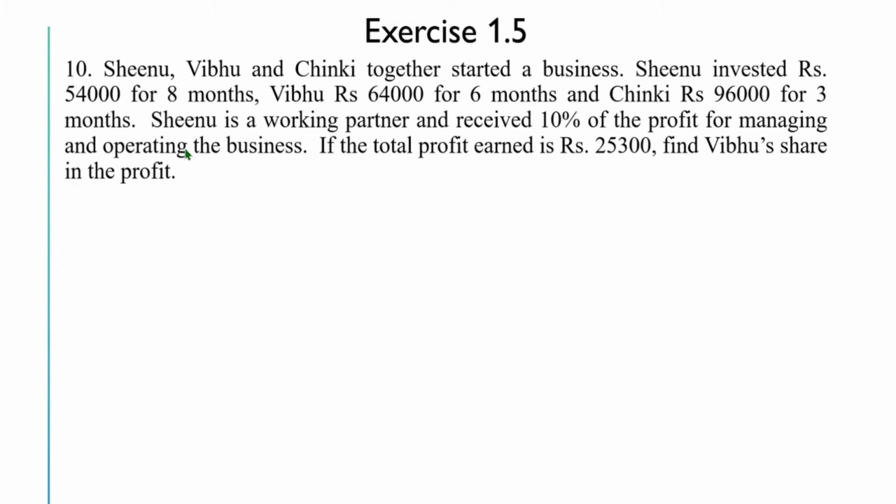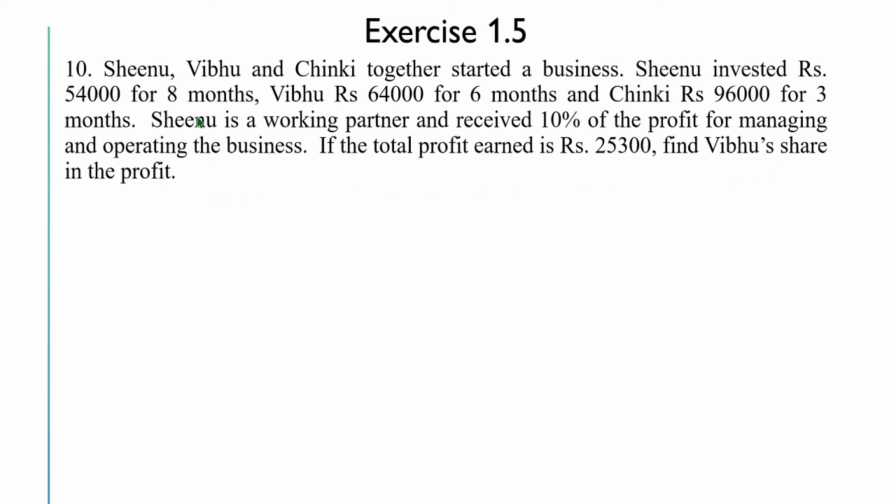So we are given the investments and the time period, and the additional information is that Sheenu is a working partner and he has received an incentive of 10% of the profit. So only the remaining 90% of the profit is available for sharing between these 3 persons. Then we have to find Vibhu's share of profit.